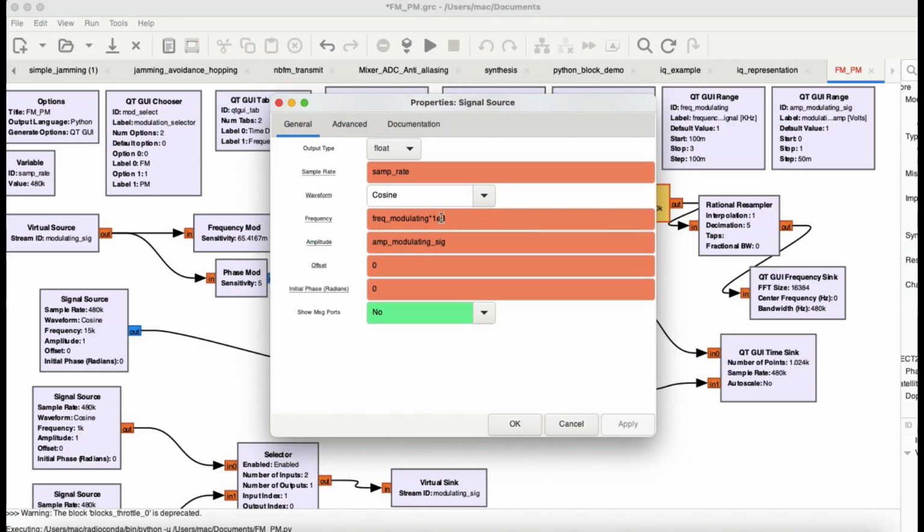This block is being multiplied by 1 times e to the 3, which means it's multiplied by 1 kilohertz. Whatever that number is, it is going to be multiplied by 1000, and this frequency will be in kilohertz. So this is your modulating frequency, and it has the form of a cosine signal.